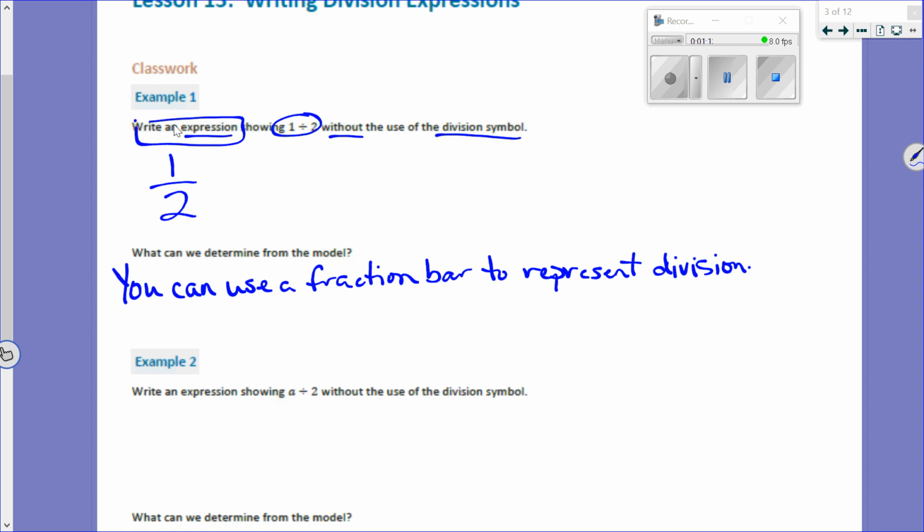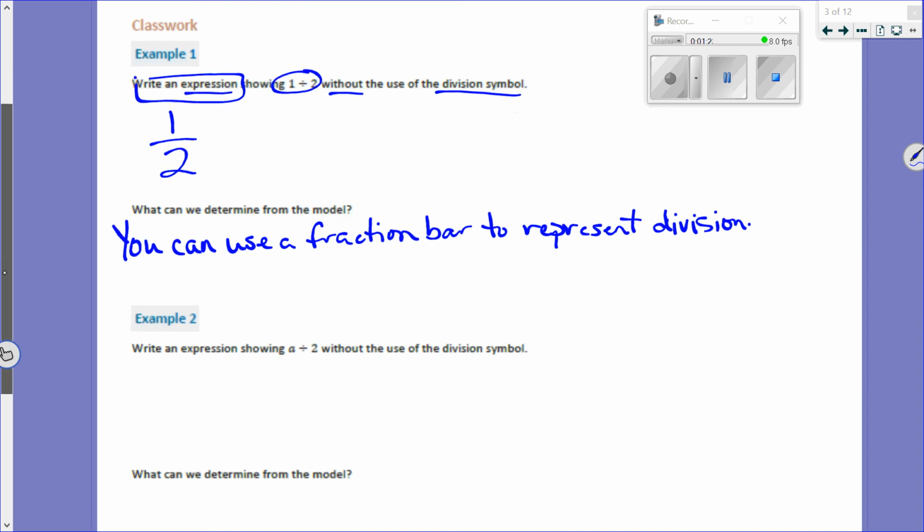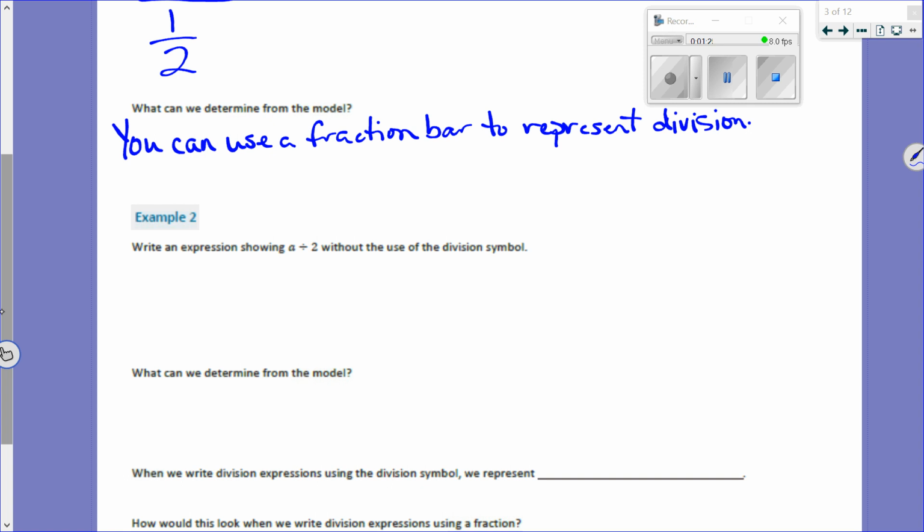Because hopefully you guys remember back, we taught you how to set up that division problem, so that you could find the decimal equivalent. We were changing from fractions to decimals, and we showed you how you do the division to actually make it a decimal. Can we now write an expression showing a divided by 2 without the use of the division symbol?